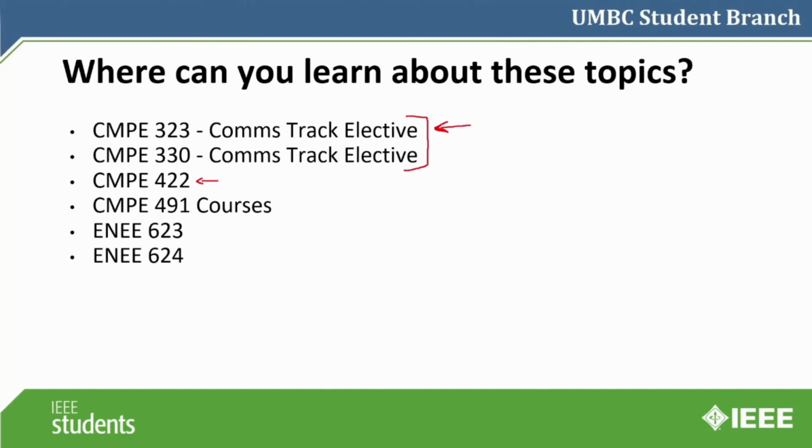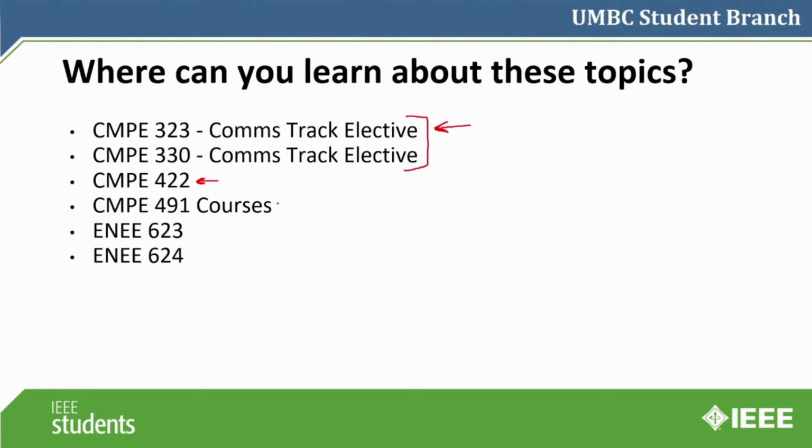Compi 422 is DSPs, digital signal processing. That's going to give you the idea of how you actually process data in a signal. And it's going to go through a whole bunch of math. It's also somewhat introductory, but it's a pretty challenging course as well.